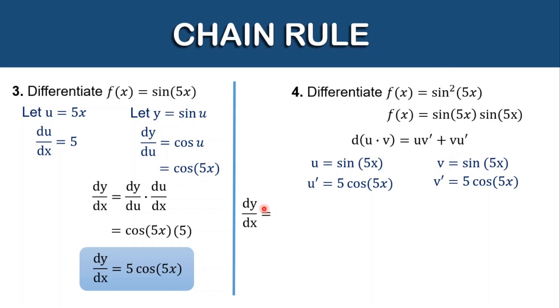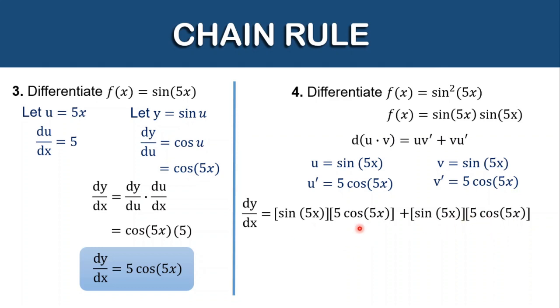We have dy over dx is equal to sine 5x, yun yung ating u, times v prime, which is 5 cosine 5x, plus v, which is sine 5x, times u prime, which is 5 cosine 5x. So now we have two terms. Ito, yung first term natin, at ito yung second term.